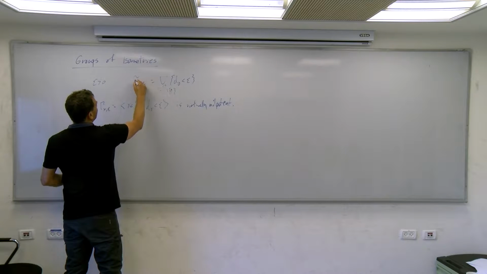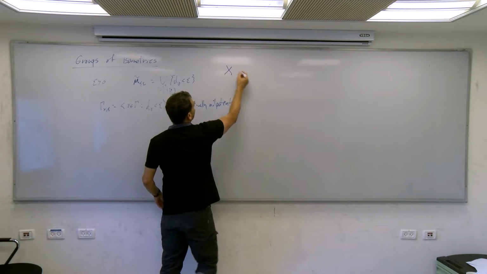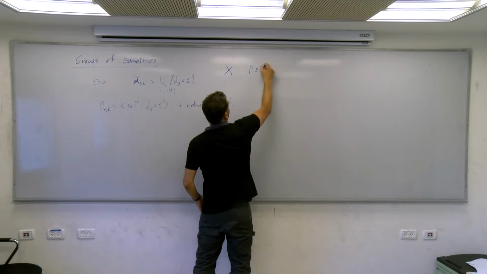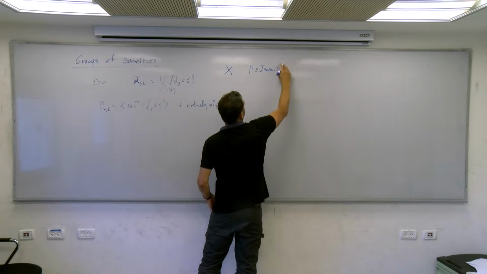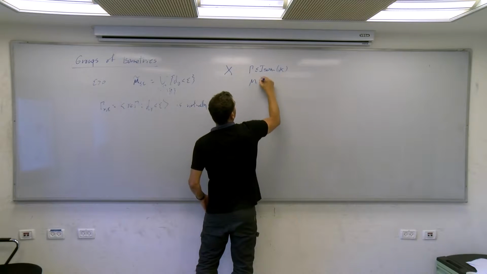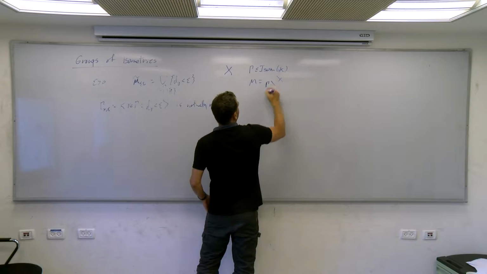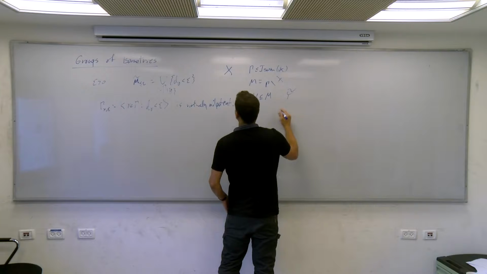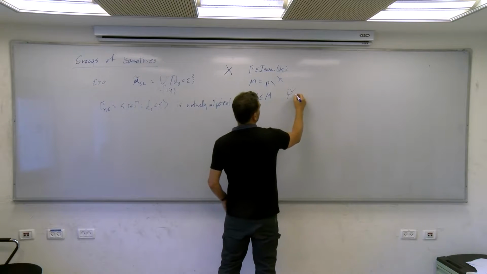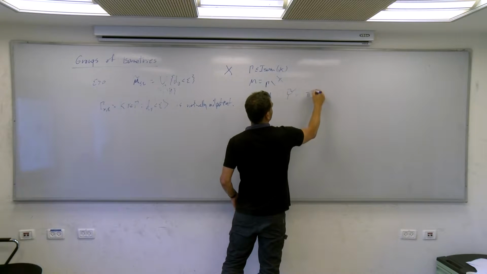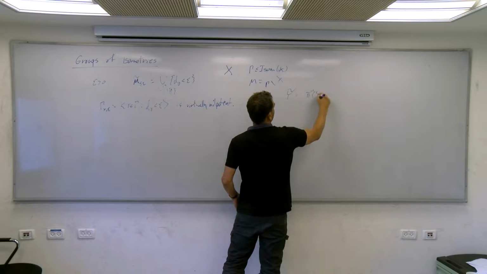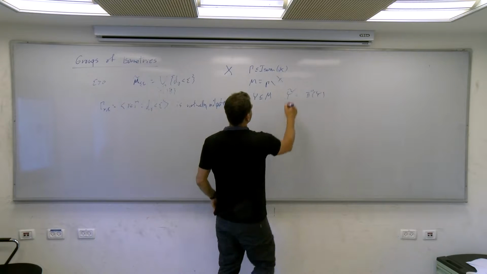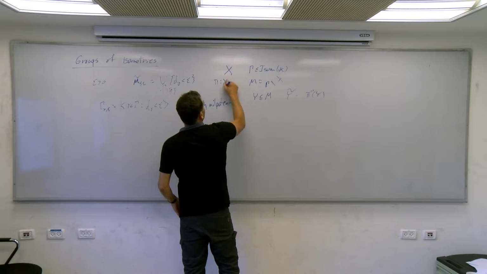This is how I denote: if x is the symmetric or the Hadamard space, and gamma is a group of isometries of x, and m is x mod gamma, and if y is a subset of m, I denote by y tilde, not the universal cover of y, but the pre-image pi inverse of y. So it's the pre-image in x of y. We have the map pi from x to this.